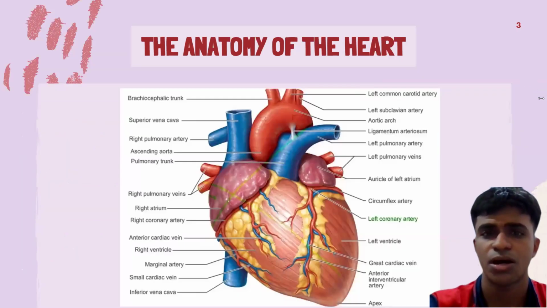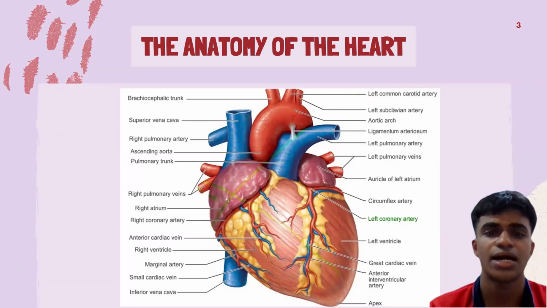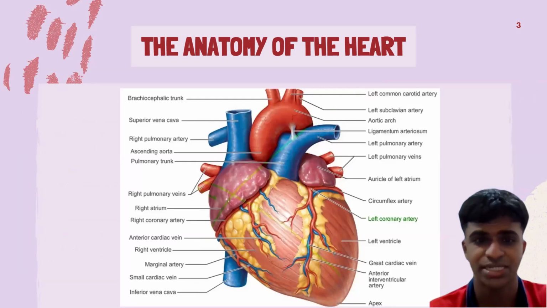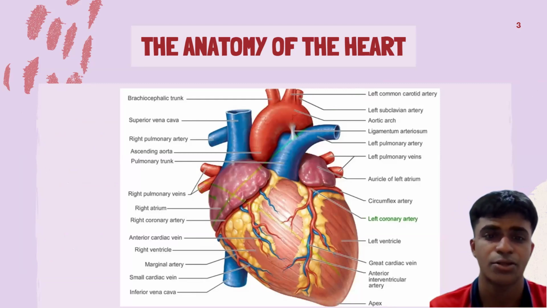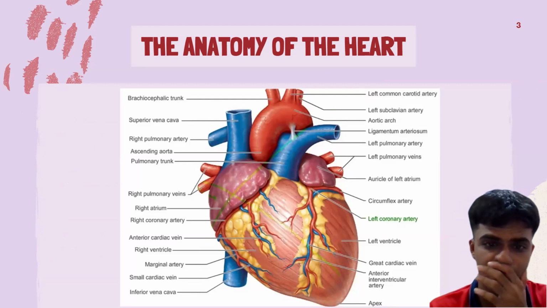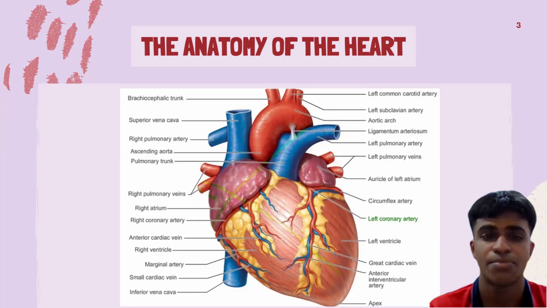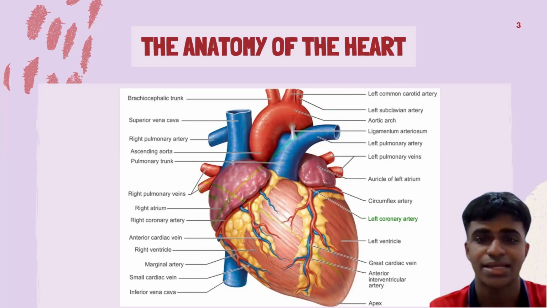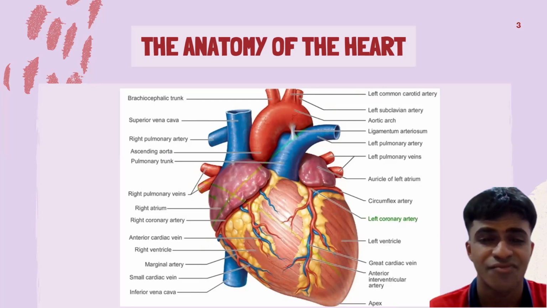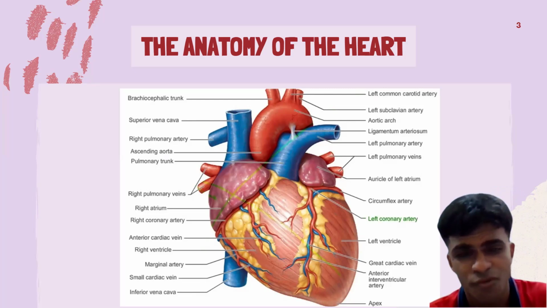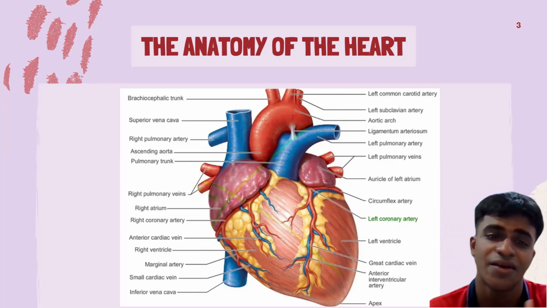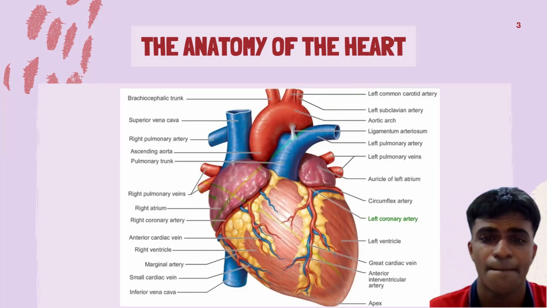Let's talk about the anatomy of the heart. The heart consists of four chambers, two atria on top and two ventricles at the bottom. Blood enters the right atrium from the body via the superior and inferior vena cava and moves into the right ventricle, which pumps it to the lungs through the pulmonary arteries.